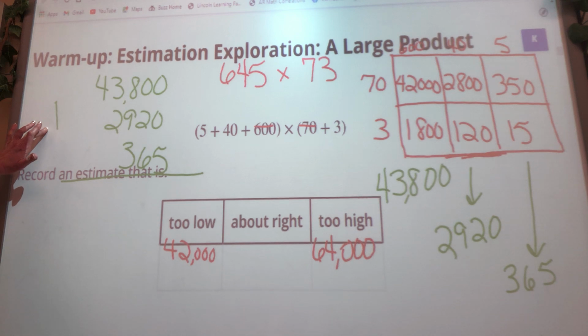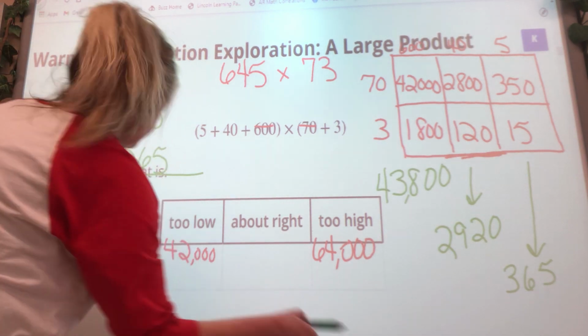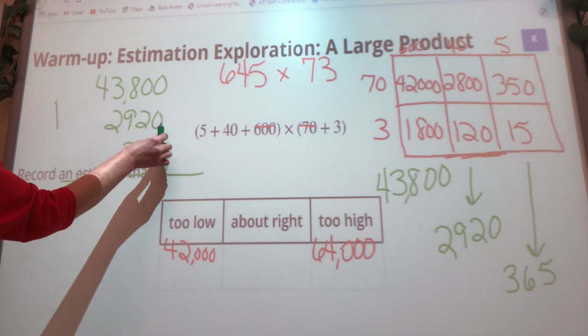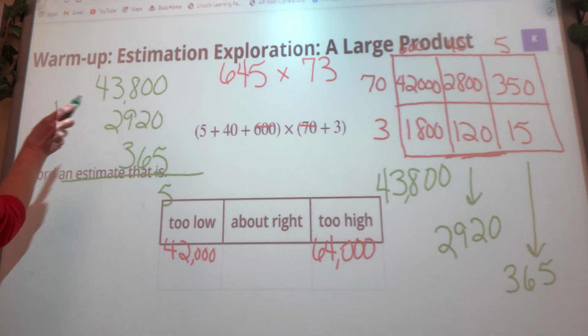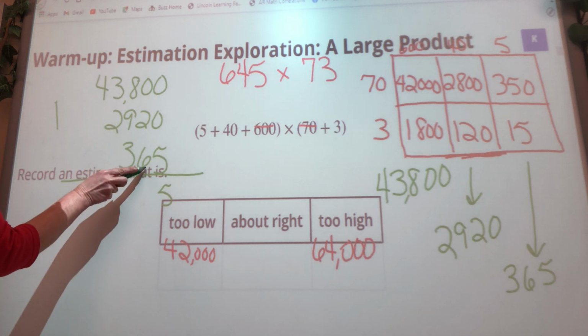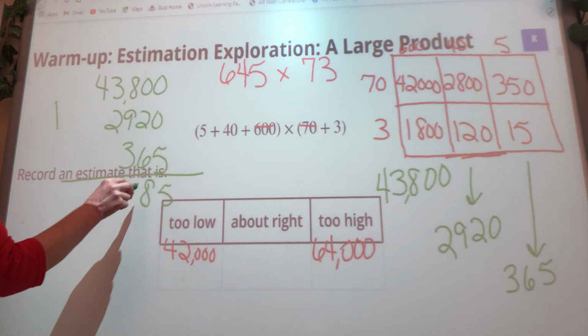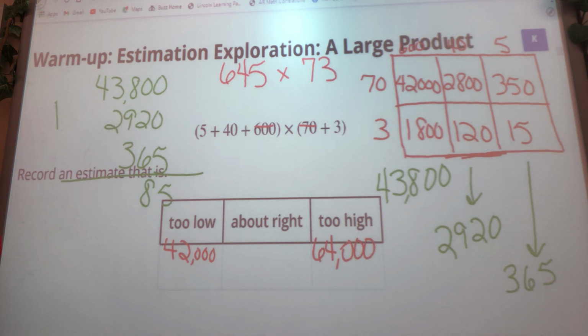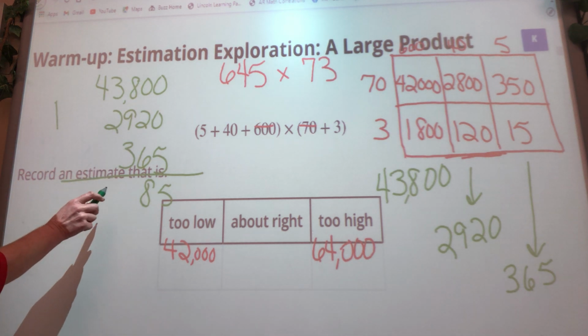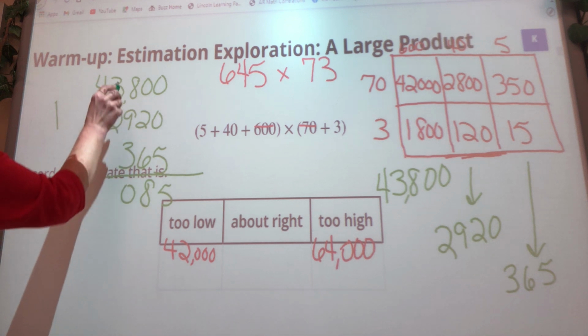Okay, 365. So if we add all that up, 0 plus 0 plus 5 is 5. 0 plus 2 is 2. Plus 6 is 8. 8 plus 9 is 17. Plus 3 is 20.